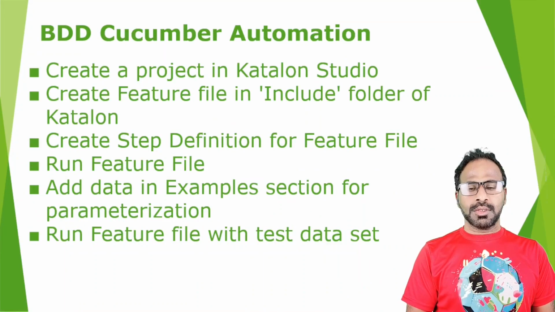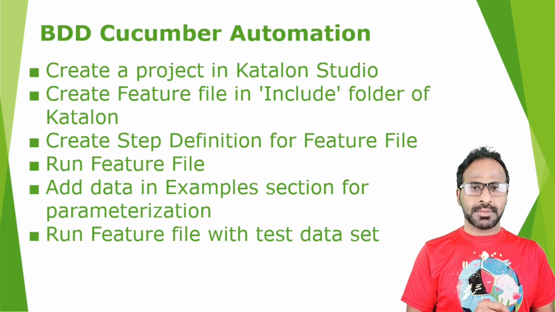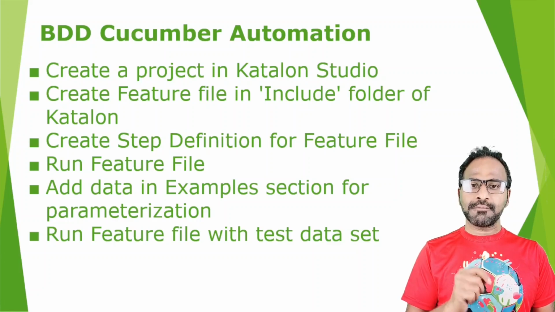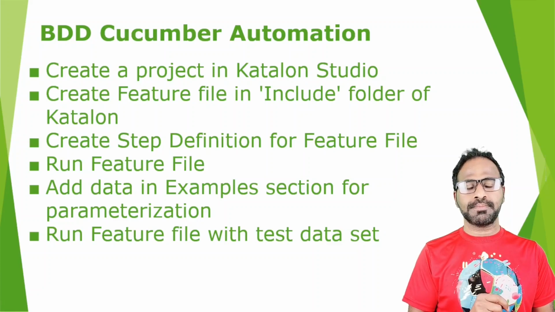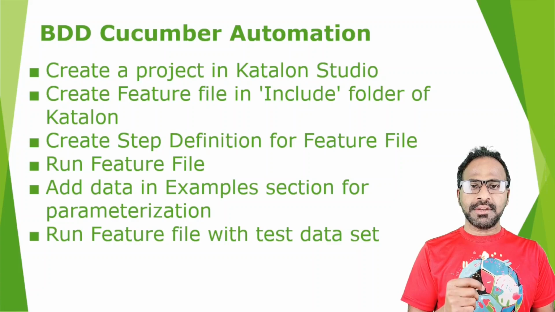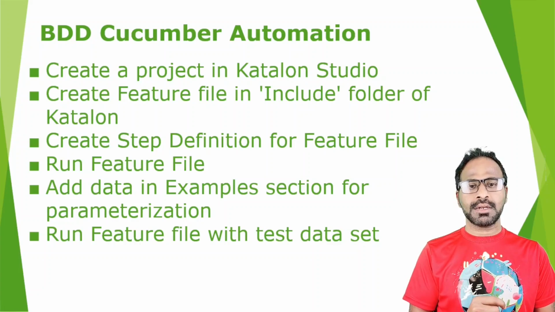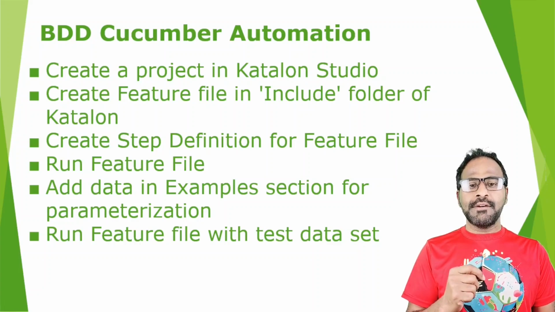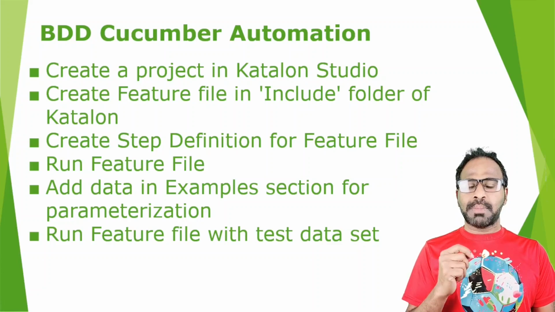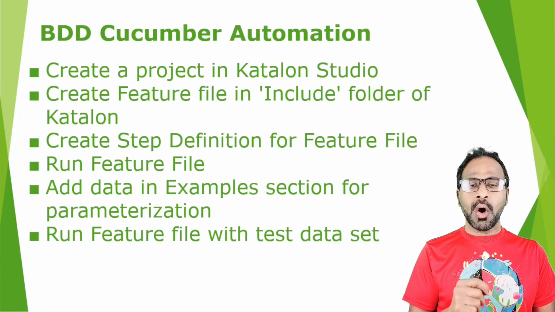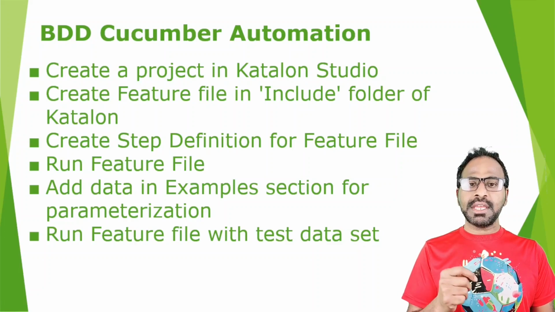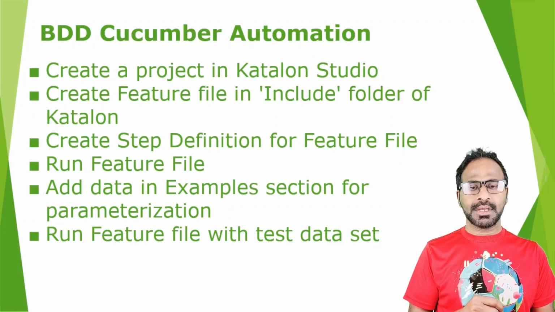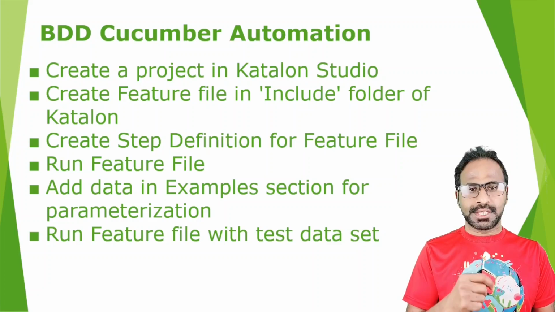Okay, so what is our agenda item? As part of the part 1 session, I'm going to show you how you can create a project in Katalon Studio, and then, to achieve the BDD Cucumber framework, how we can create feature files by using Katalon Studio, and then how you can create step definitions for the feature file that you have created, and then how we can run feature files.